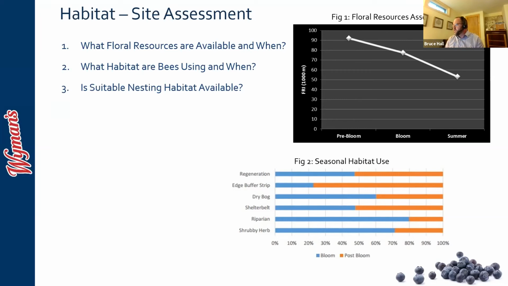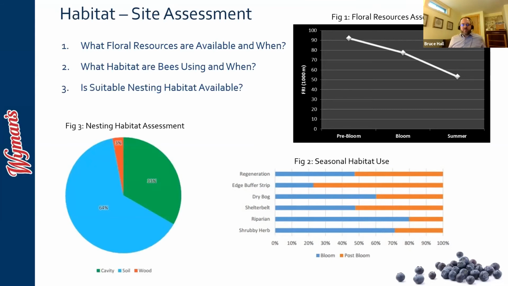And so here you can see a general decline. We have a lot of bee species utilizing habitat early season, which is when our bloom time is. And it kind of supports the data we saw in figure 1, which is showing a decline in summertime forage availability.